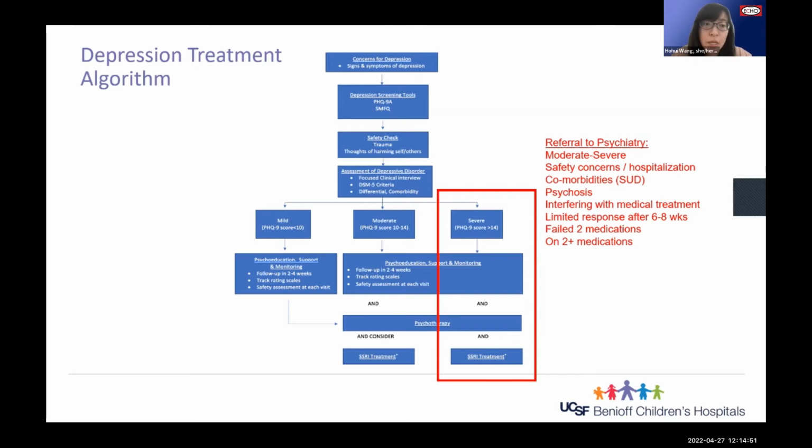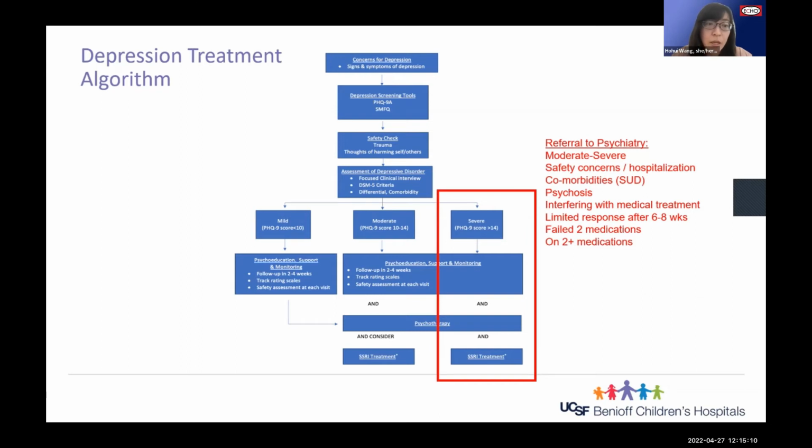And then we determine, based on the patient's functionality and severity of symptoms, we'll divide them into mild, moderate versus severe groups of depression. For the mild patients, they don't necessarily need to be started on medications. These patients might have a PHQ-9 score that's a lot lower than 10.